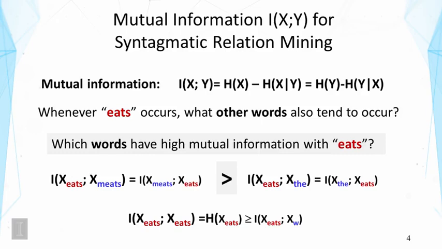So the conditional entropy is 0. Therefore, the mutual information reaches its maximum. It's going to be larger than or equal to the mutual information between its and any other word. In other words, picking any other word and computing the mutual information between its and that word, you won't get any mutual information larger than the mutual information between its and itself.